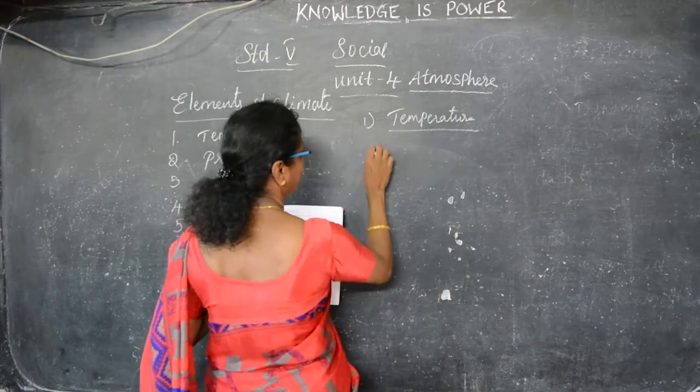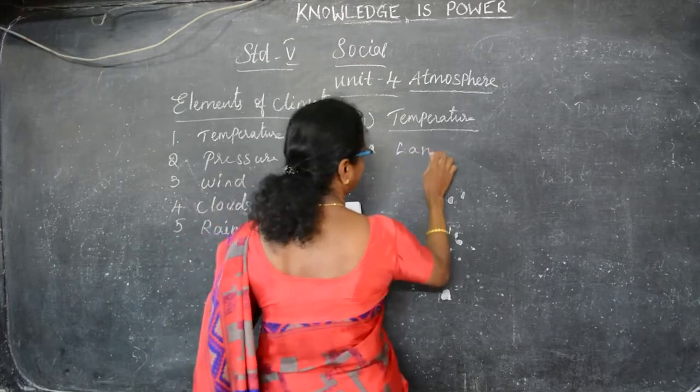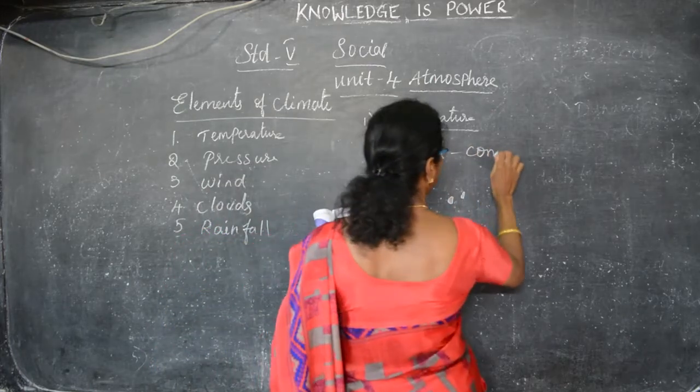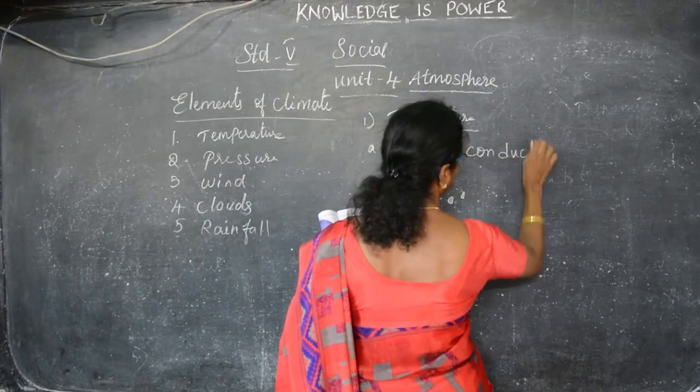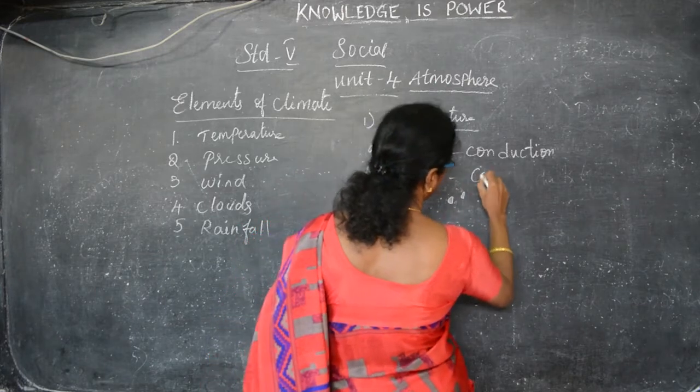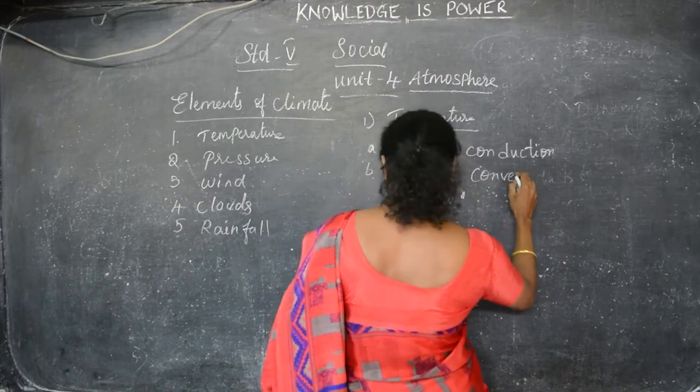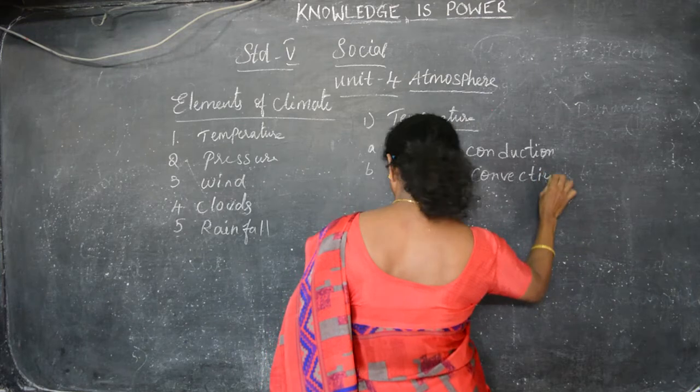First one is land conduction, that is transmission of heat. Land is conduction. Then water is convection.